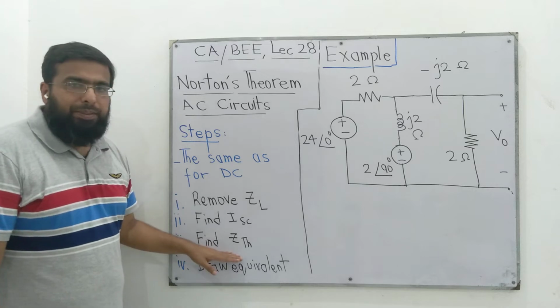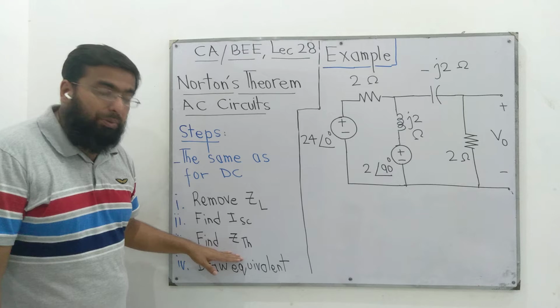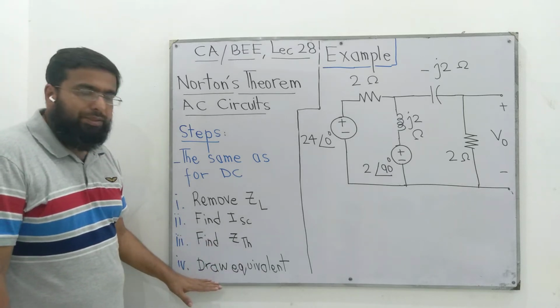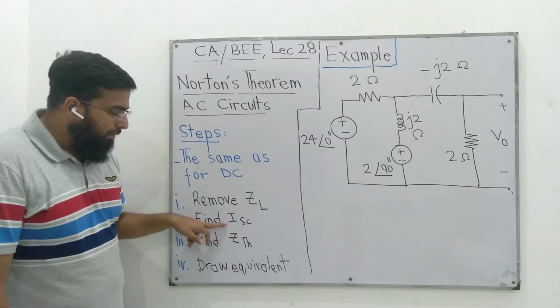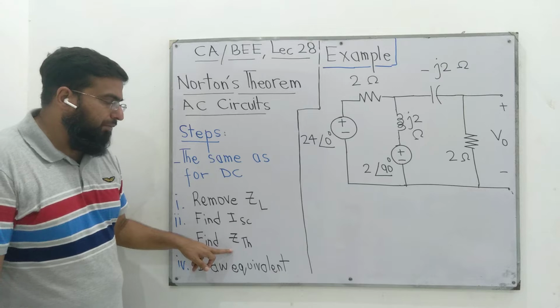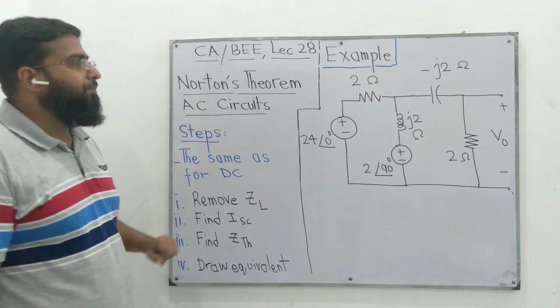Voltage sources will be replaced with short circuits and current sources with open circuits, and we find Z Thevenin. Then we'll draw an equivalent circuit having this ISC in parallel with Z Thevenin in parallel with the ZL that we removed in step number 1.